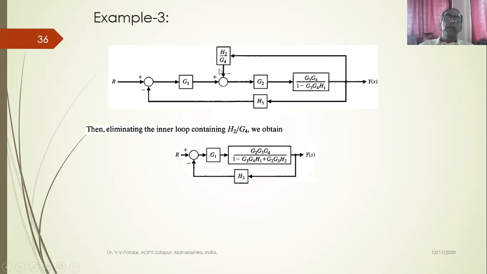So what remains finally? G1 as one block and this as another block, and only one feedback loop is remaining. Now I should combine this. So it will become G1, G2, G3, G4 upon the same denominator, and feedback loop H3. So I need to eliminate this.